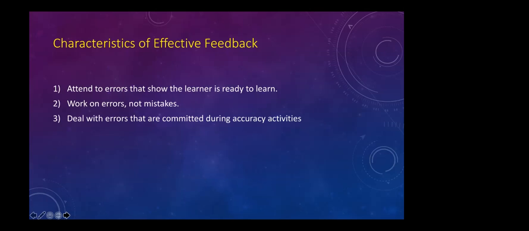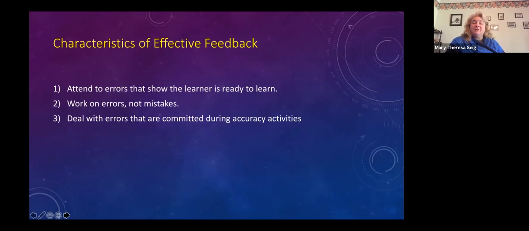The other suggestion that's made by Larsen-Freeman and a number of researchers is that you should delineate in your classroom: these activities are accuracy activities. In these activities, I want you to be completely accurate in the use of the language.